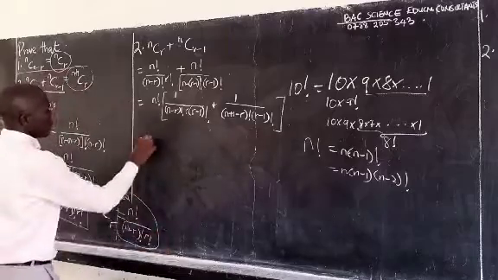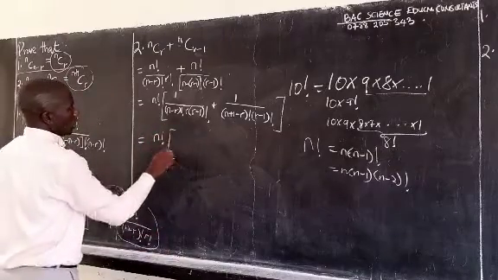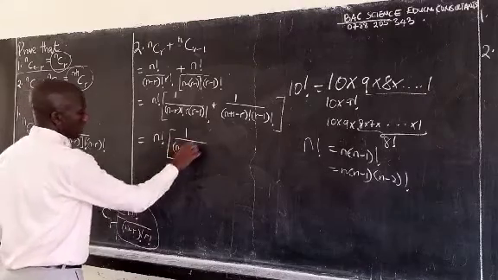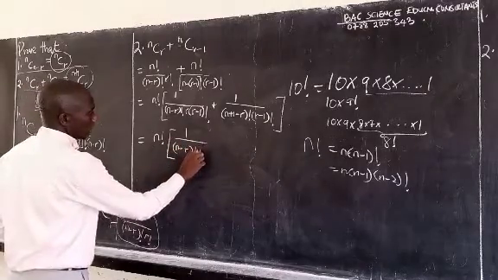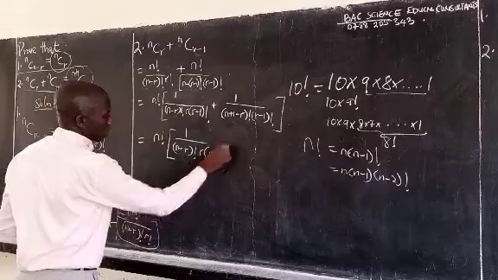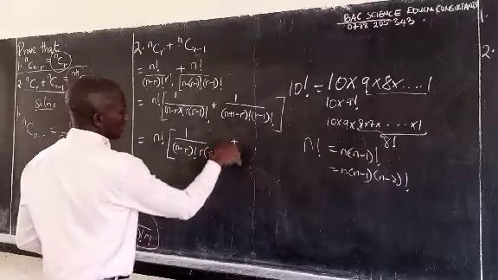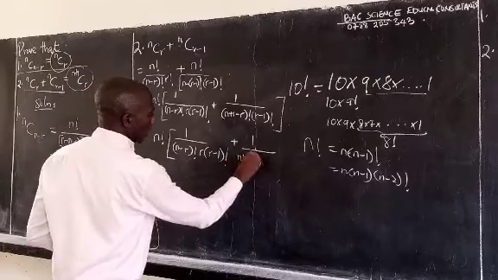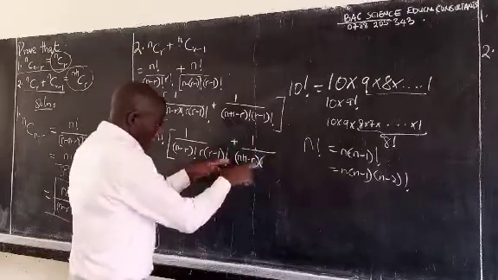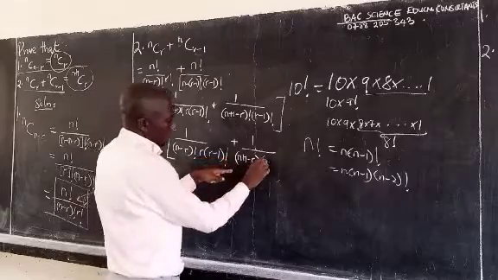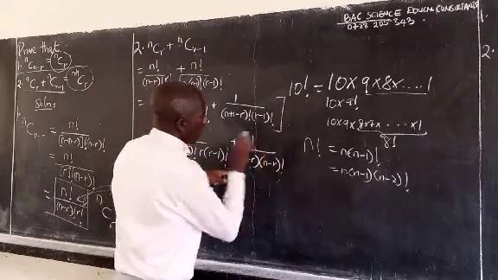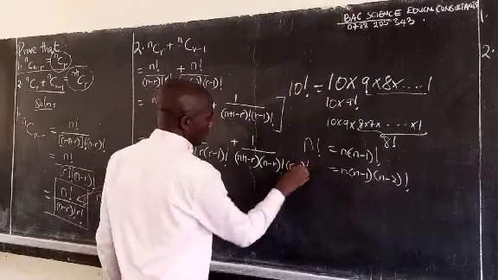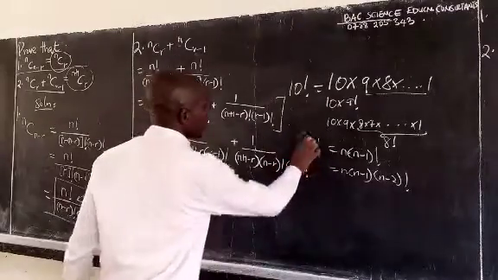Therefore, this becomes n factorial into 1 out of n minus r factorial, then r minus 1 factorial, then plus 1 out of n plus 1 minus r into that one minus 1. When you subtract 1, you remain with n minus r factorial, then we had r minus 1 factorial.